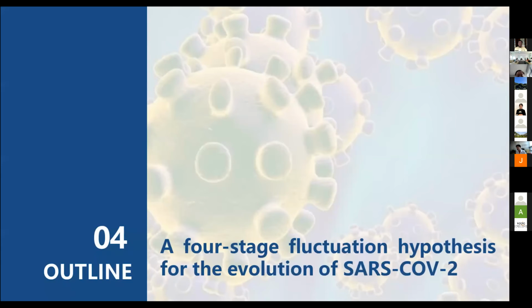And here we would like to show you some phenomena we discovered by our calculations. We found some interesting phenomena. For the temporal-spatial spreading of SARS-CoV-2, there exists a 4-stage fluctuation phenomenon for the early spread of SARS-CoV-2 around the whole world.